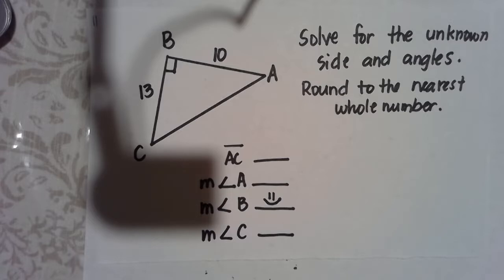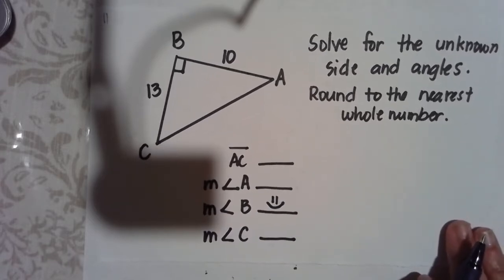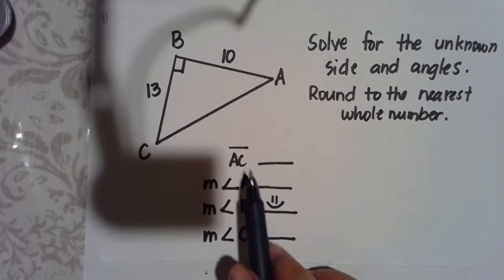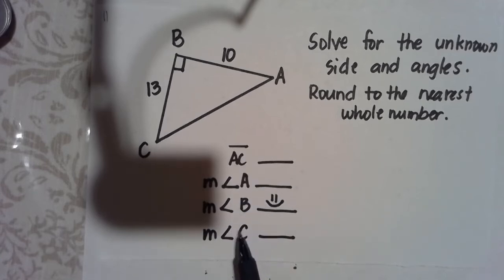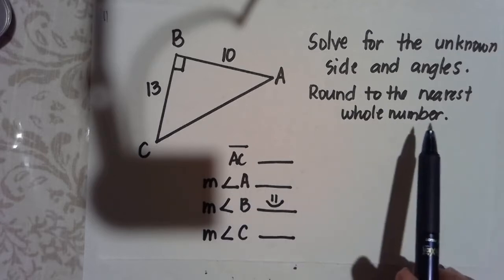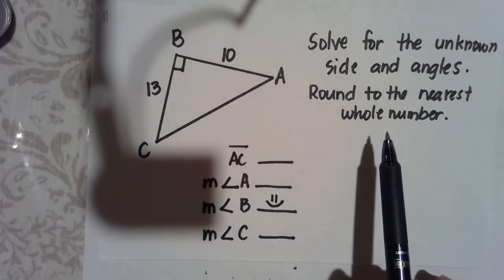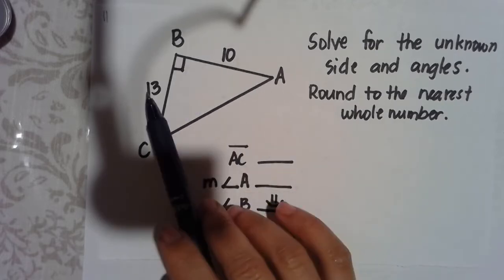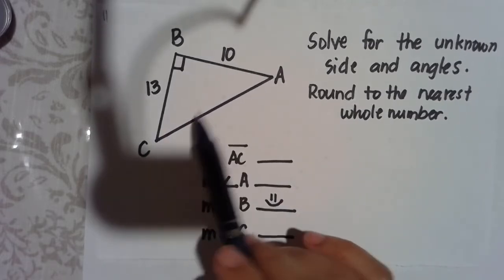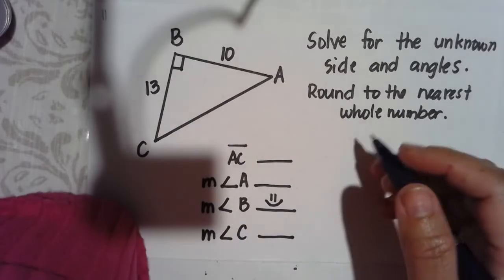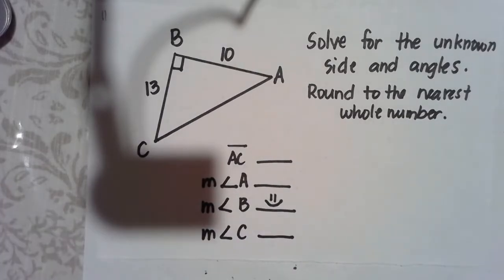Okay, for this type of problem, we need to set all these unknowns to the nearest whole number. So let's start. This is 10, that's 13. We're missing this, so I will use the Pythagorean Theorem.